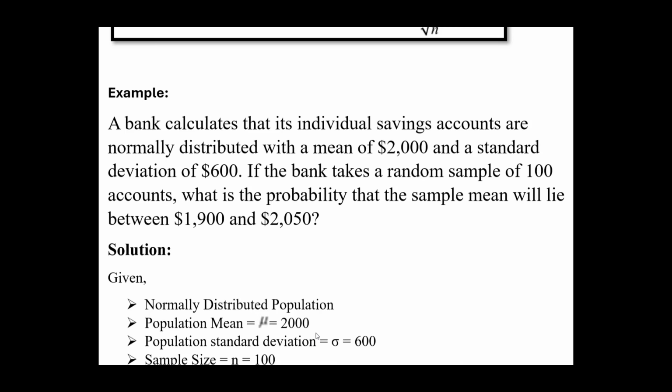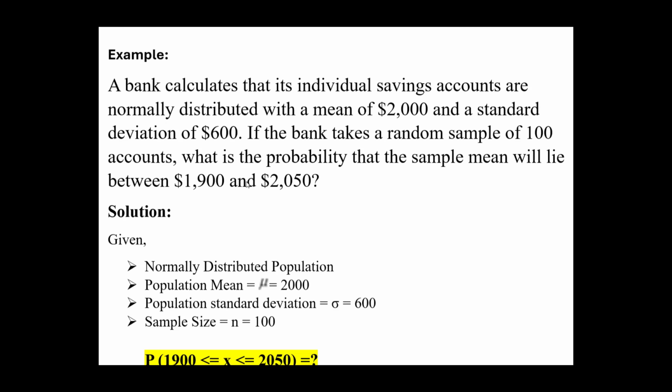So this is the problem, and when you read it, you clearly get to know that it is a normally distributed population. Population mean mu is 2000, population standard deviation sigma is 600, sample size n is 100, and we need to find the probability that the sample mean will be between 1900 and 2050.